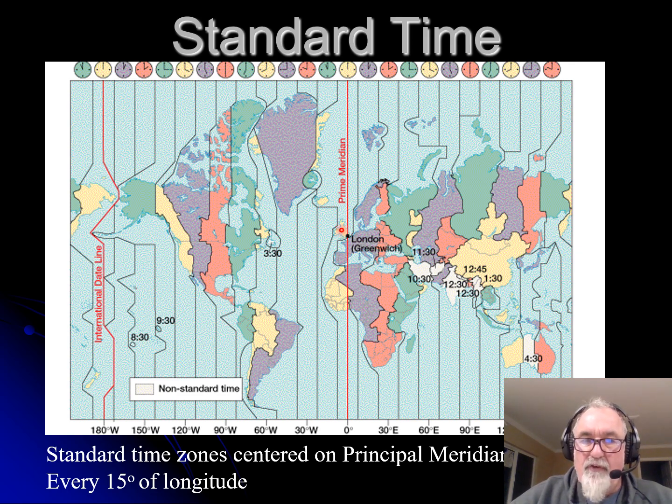It goes 7.5 degrees to the west and 7.5 degrees to the east of that. So the prime meridian would be the center of a time zone. The center of the next time zone would be 15 degrees to the west. Next one after that, 30 degrees, and then 45 degrees, and then 60 degrees. So every 15 degrees, we've got the center of a new time zone.